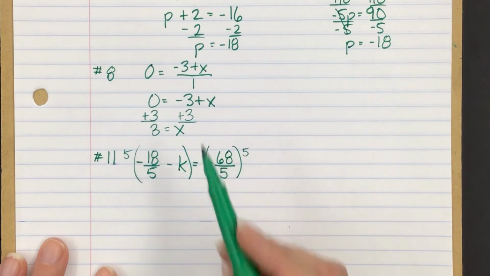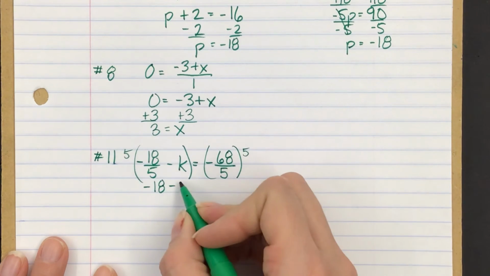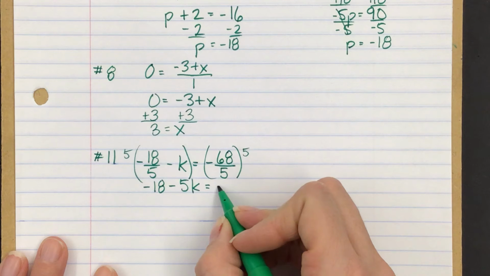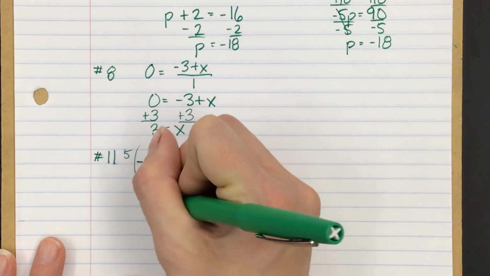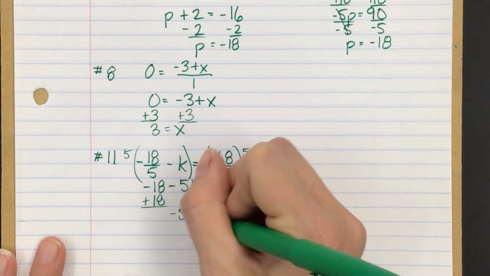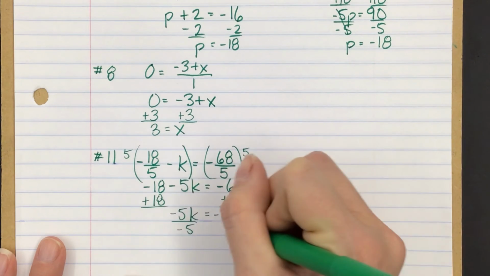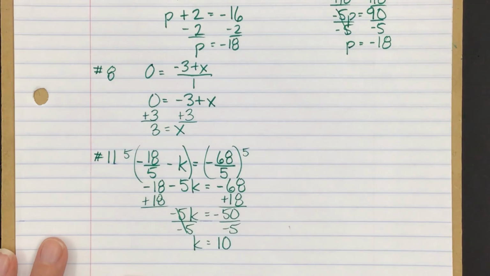So 5 divided by 5 cancels out, and I'm just left with a negative 18. 5 times negative k is negative 5k. 5 times negative 68 over 5 is negative 68. Now I can go through and solve regularly. So I'm going to add 18 to both sides. I get negative 5k is equal to negative 50. Divide both sides by negative 5. And you get that k is equal to 10. It's a great problem.